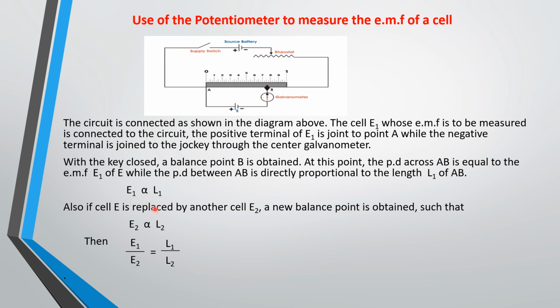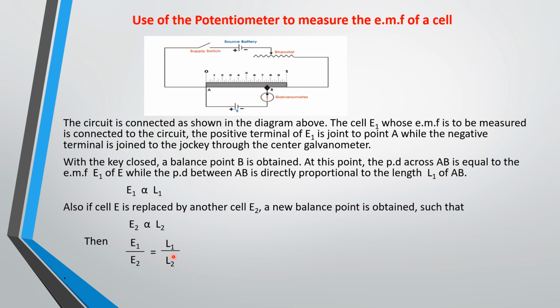So you measure from 0 to the point where you have your null deflection on the meter rule. Then you take your reading.